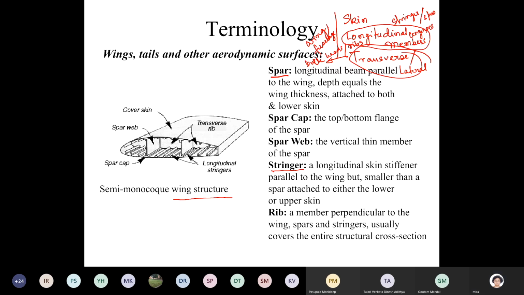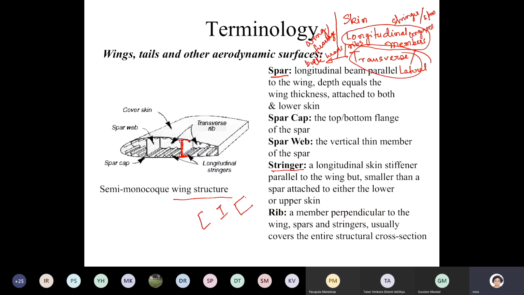It can be an I beam, a C section, or sometimes a box kind of section. All this you have studied in your first year; you know how to do the basic analysis of I beam, C beam and box beam. So spars are those longitudinal members whose depth is almost equal to the wing thickness.